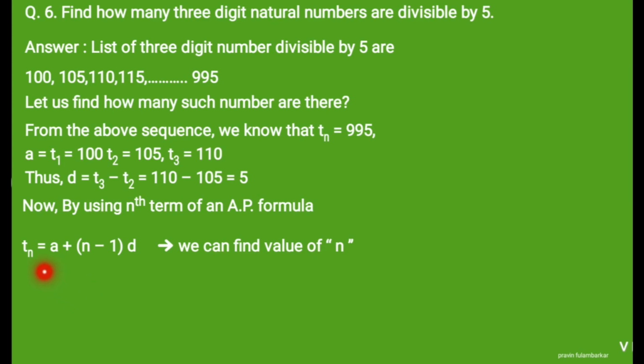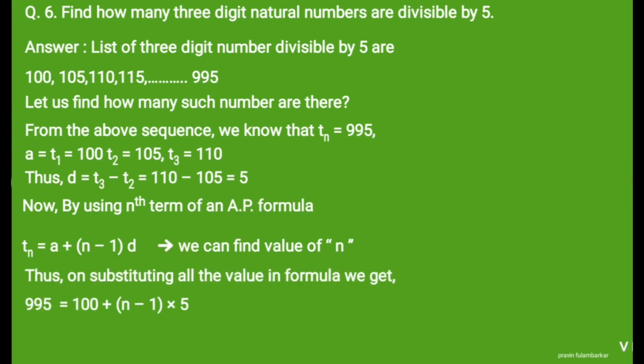So substitute Tn as 995, A as the first term, 100. n we have to find, so write n minus 1 as it is. D is 5, the common difference.